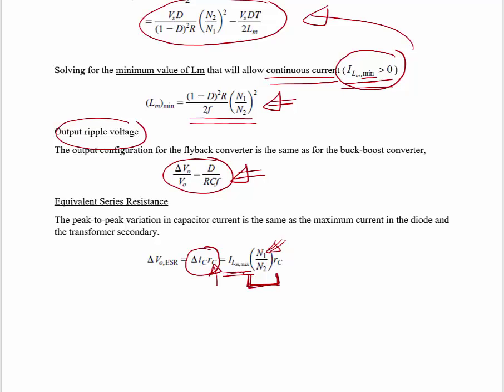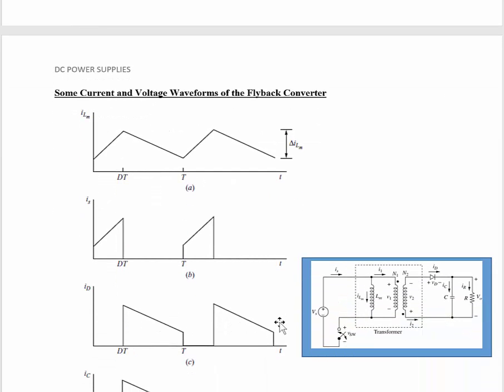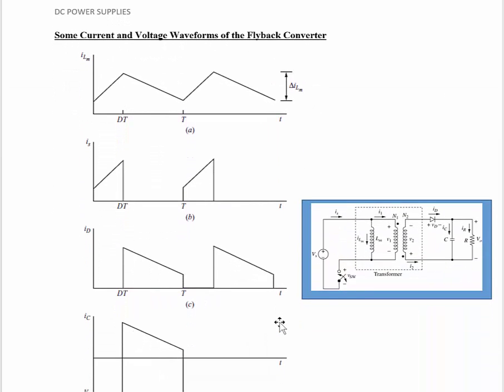So a very similar expression. The only addition for the flyback is that we take the turns ratio N1 over N2 of the transformer into account when calculating the change in the voltage due to the ESR.